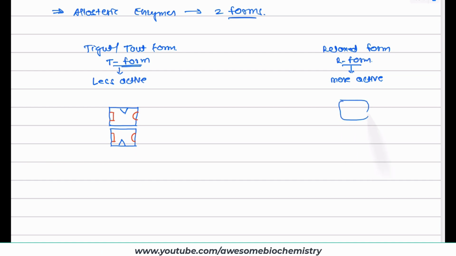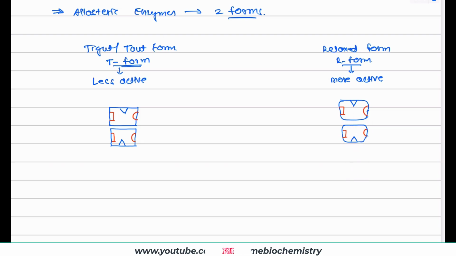This relaxed square represents the R form of the allosteric enzyme, right? So here also this is the active site, and these are the allosteric sites. Remember, both of these are different forms of the same enzyme. So this active site and this allosteric site are the same as in the T form.